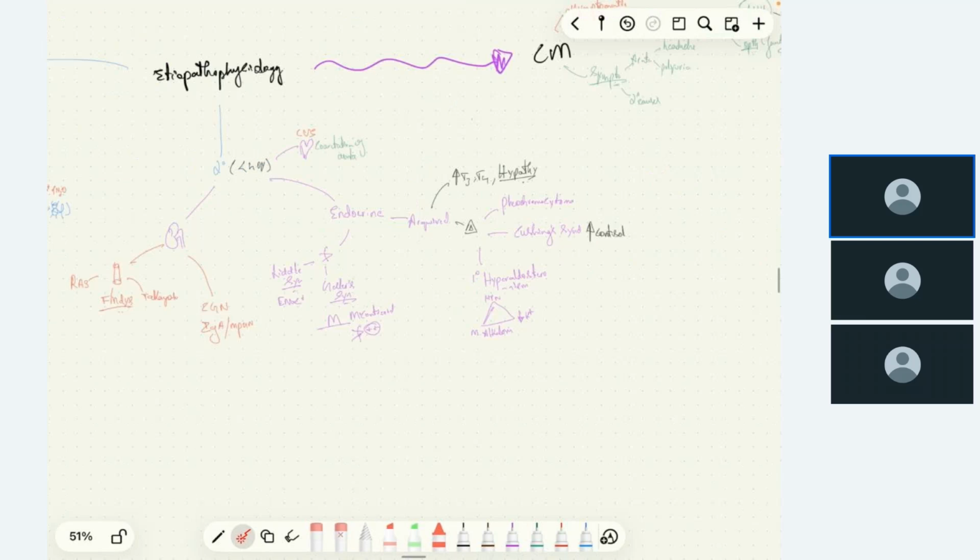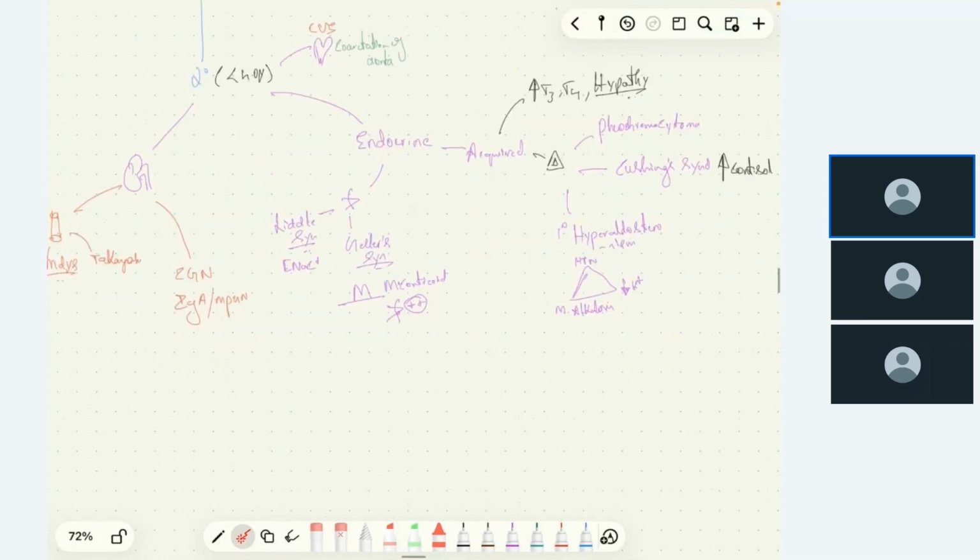What are the endocrine causes of hypertension? The endocrine causes may be genetic or acquired. The genetic causes of secondary hypertension are Liddle syndrome, where there is increased activity of ENaC channels, the channels which are stimulated by aldosterone, responsible for salt and water retention.